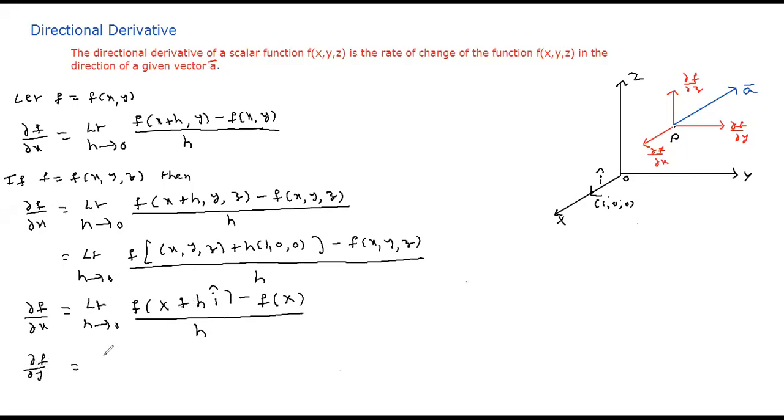Can you tell me the definition now? Limit h tending to 0, f of X plus h into, now I want in y direction. I want in y direction means what? j cap. Minus f of X, by h. Is that okay?